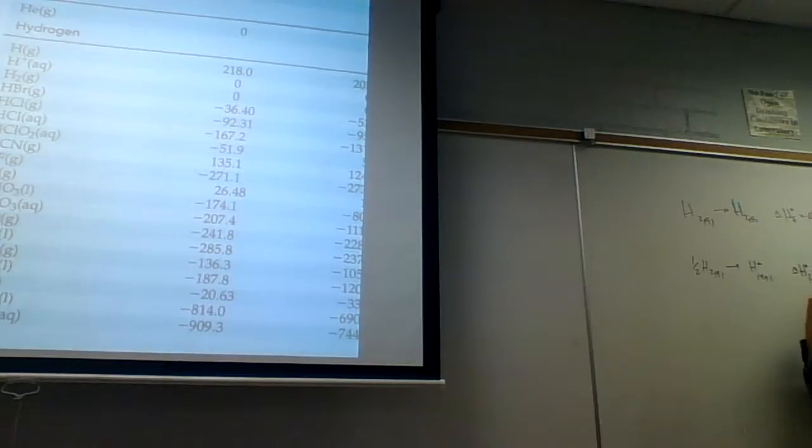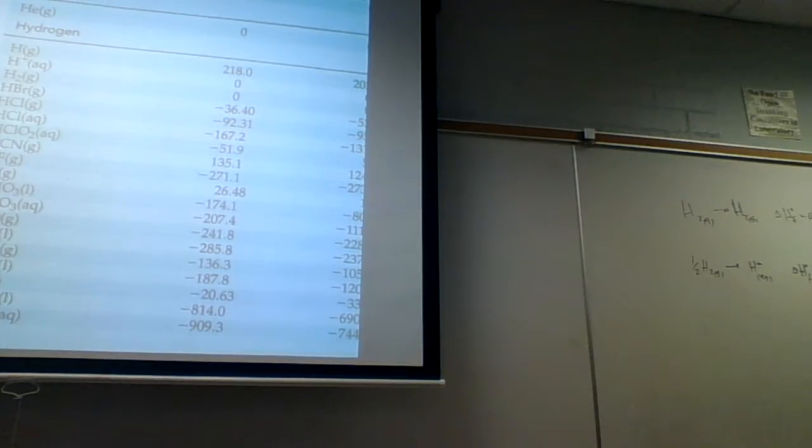Is it possible to form H+ alone? It's impossible. I can form a cation, but I need to form an anion at the same time. That's where the electron goes. The electron doesn't go into solution. The electron goes to the other species, the anion. And so this is what we're going to have.